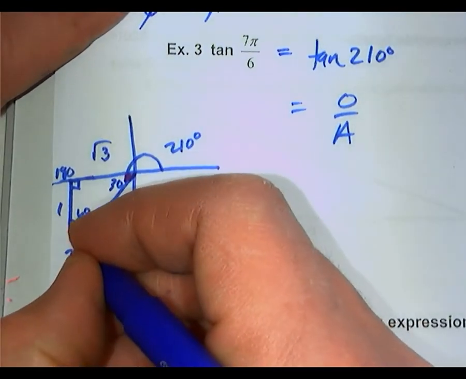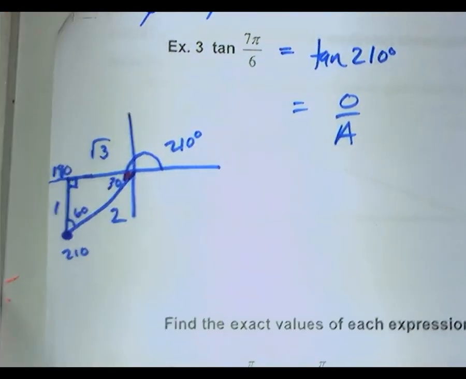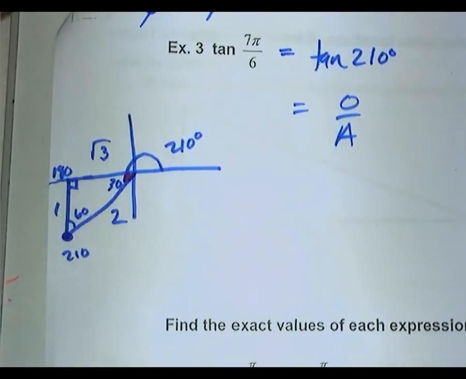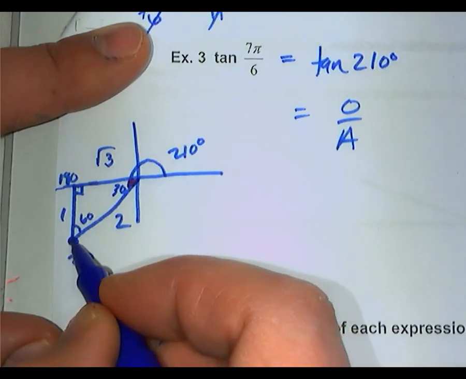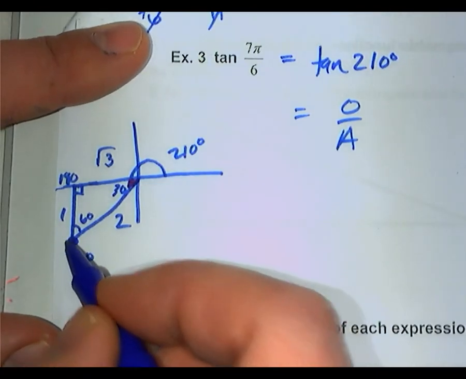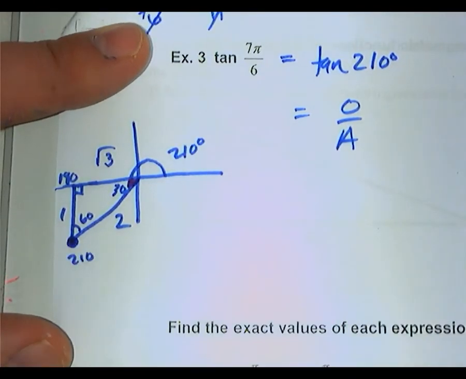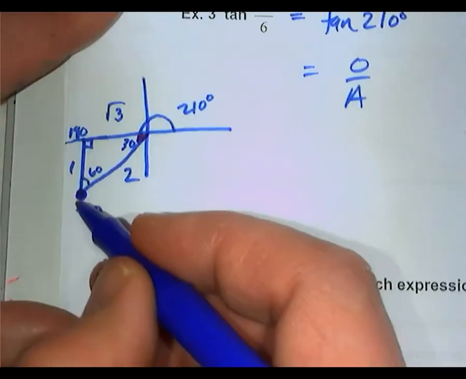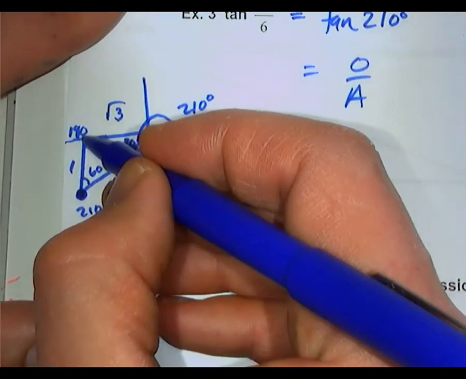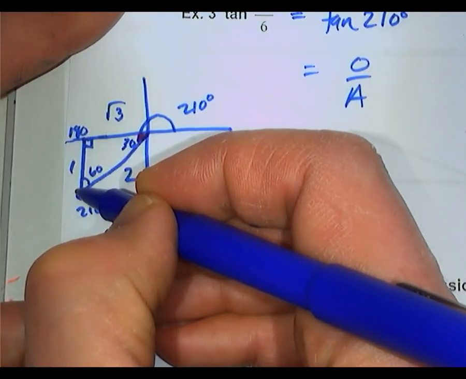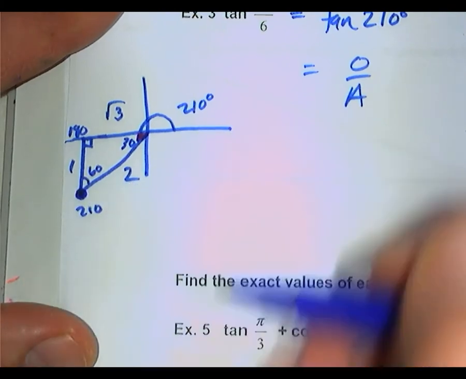anytime we're plotting outside of quadrant 1, we got to think about how are we plotting this point. The point that we're plotting is this point at the edge of your terminal side. So think of a dot right here. If I was plotting this corner point, I'd be going left and down. So what does that mean for opposite and adjacent legs here?